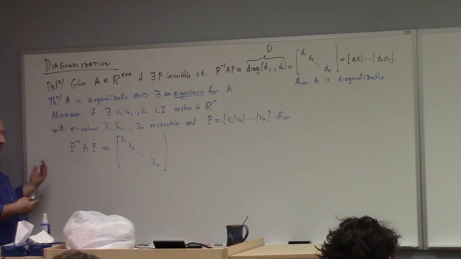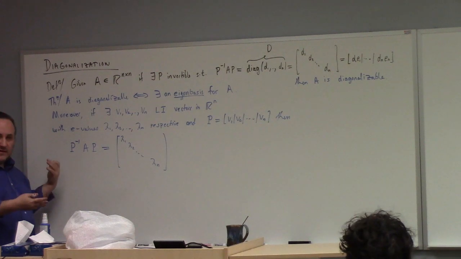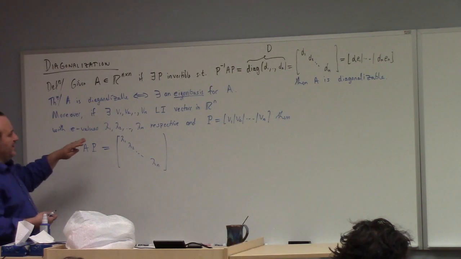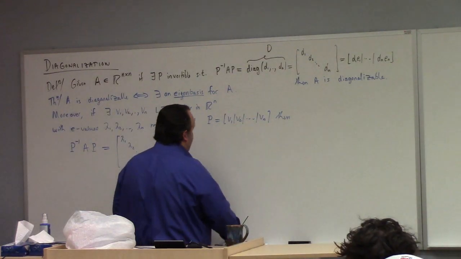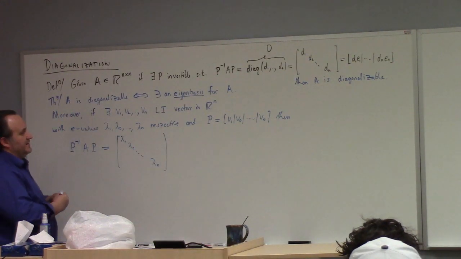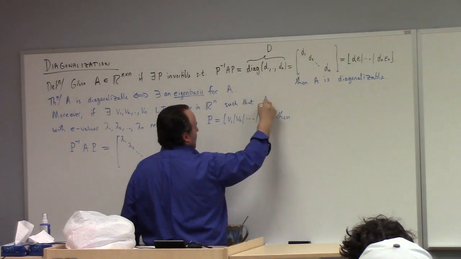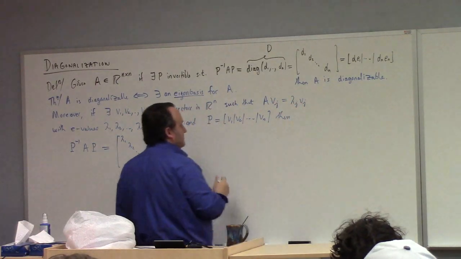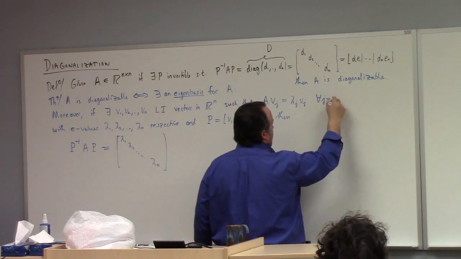I showed last class that we can actually put this into practice. We took a matrix and found an eigenbasis. An eigenbasis is simply a set of n vectors which are linearly independent. And I've missed an important equation here, which is that I need to tell you that these vectors are eigenvectors, such that A vj equals lambda j vj for all j, 1 through n.